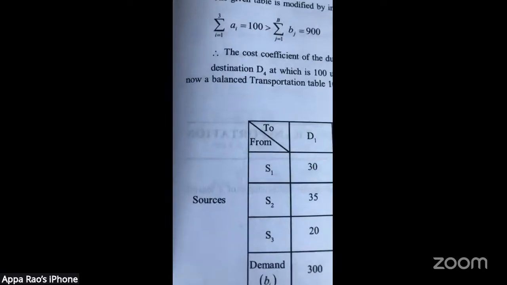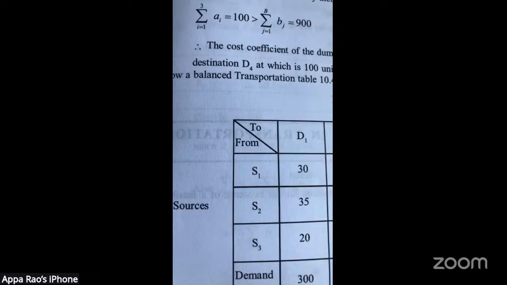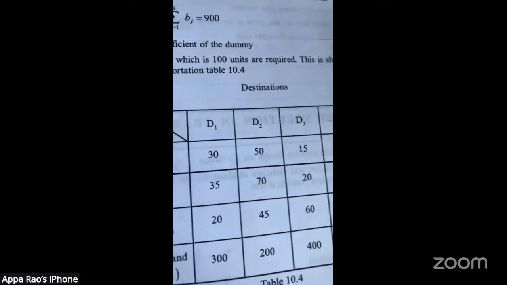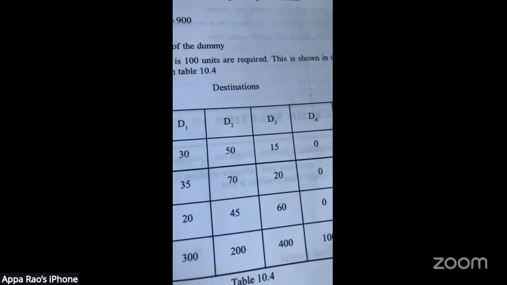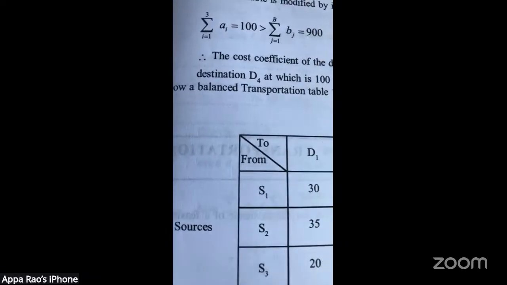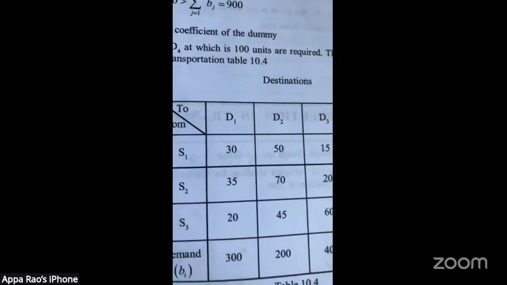The cost coefficients of the dummy destination D4, at which 100 units are required, are zero. This is shown in the table, which is now a balanced transportation table.